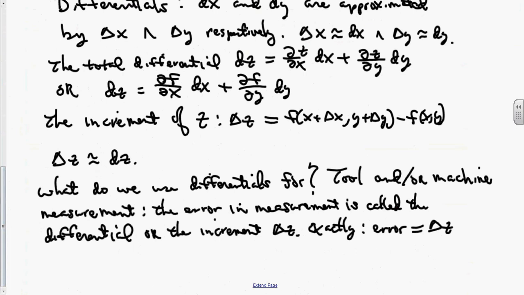We have computers today. So what they do is they compare dz with delta z, and they look to see the so-called hand measurement, the error of that, how significant is that?